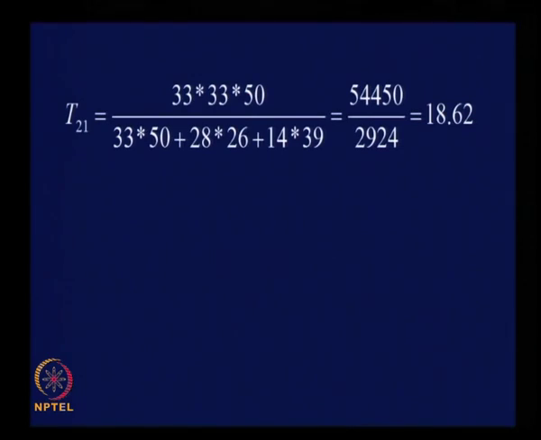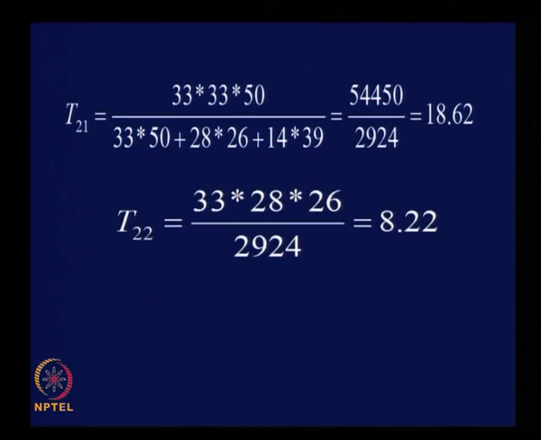Whole divided by 33 into 50 plus 28 into 26 plus 14 into 39, that gives you a value of 18.62 trip interchanges between 2 and 1. T22, intrazonal trip interchanges in zone 2: 33 into 28 into 26 whole divided by the same denominator 2924 gives a value of 8.22.